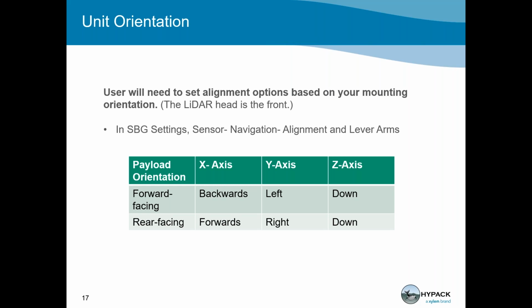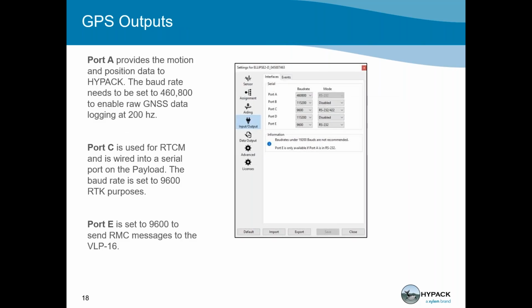And then the x-axis would be back, running backwards from the Valentine towards the antenna arms, and the z-axis will be down. If you want to flip the unit around so the Valentine is rear facing when you mount it, which is common for a lot of hydrographers who are using LiDAR on their boats, the y-axis is going to flip around and be to the right. The x-axis is forwards, z-axis is down. So you have to switch some signs around. Again, it should be very straightforward, just something to keep aware of when you're operating the unit in the field.